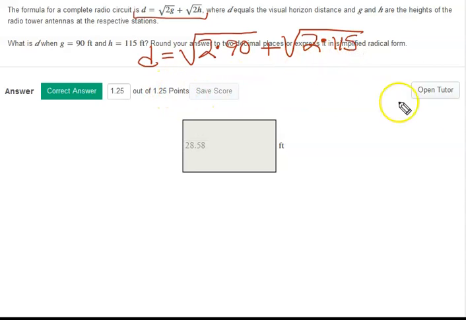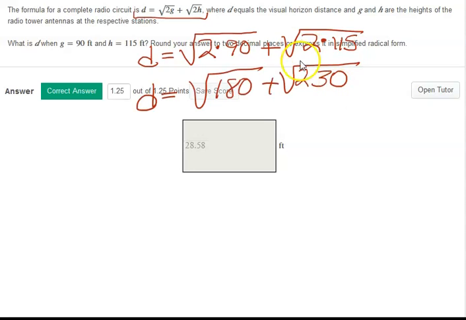So this will then become the square root of 180 plus the square root of 230. Put this in your calculator, and again, you're rounding off to 2 decimal places. So we get this, and looking to our third decimal place, it's a 2, so we just drop it, and there is our answer.